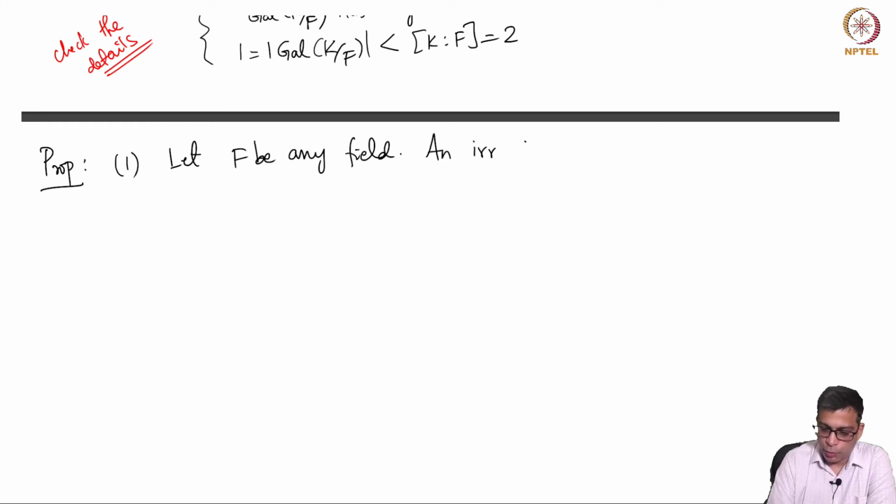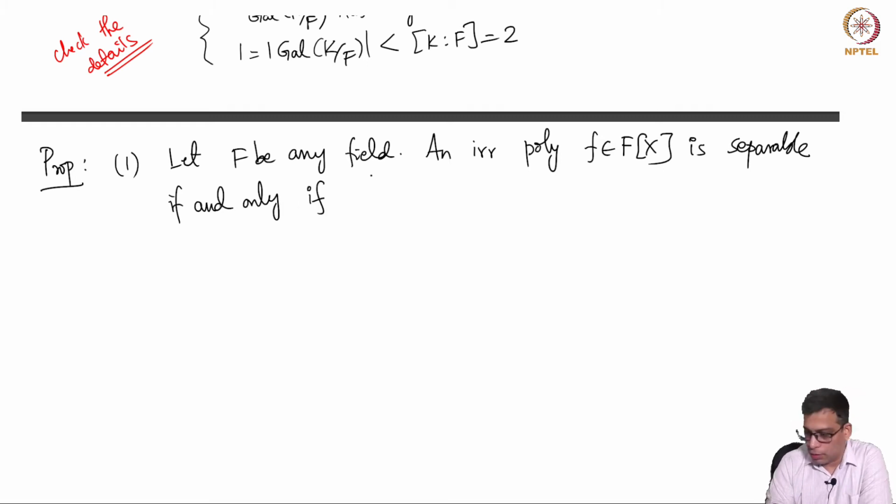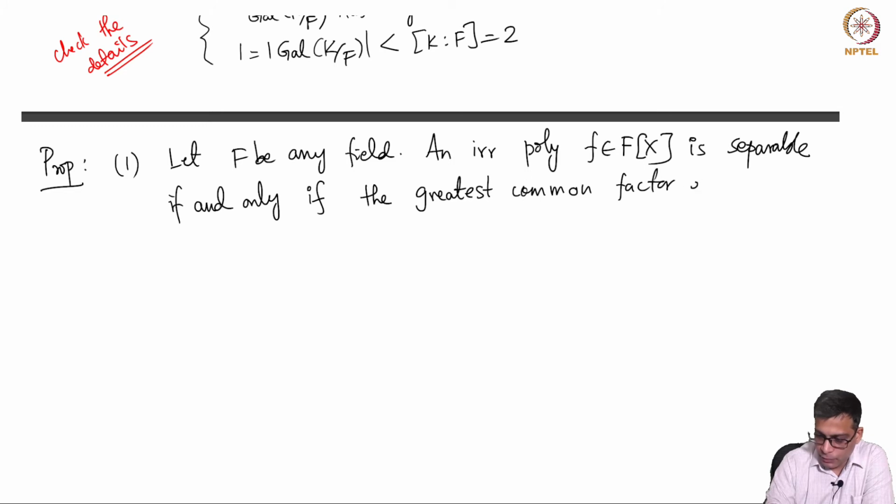An irreducible polynomial f is separable if and only if the greatest common factor of f and f prime, which is the derivative of f, is 1.